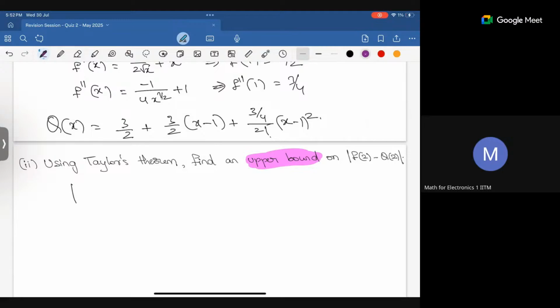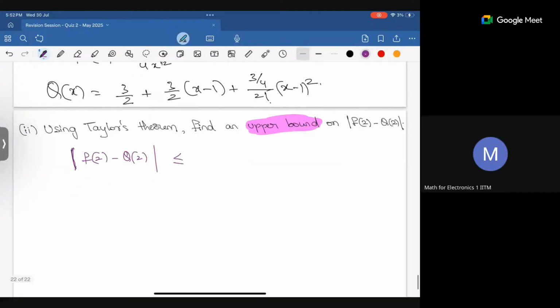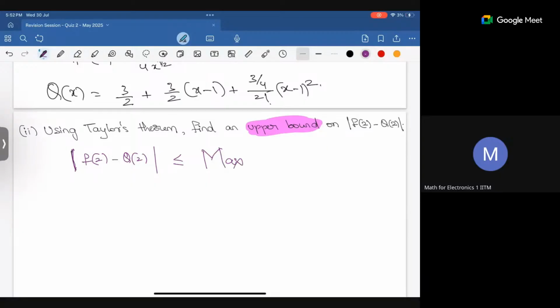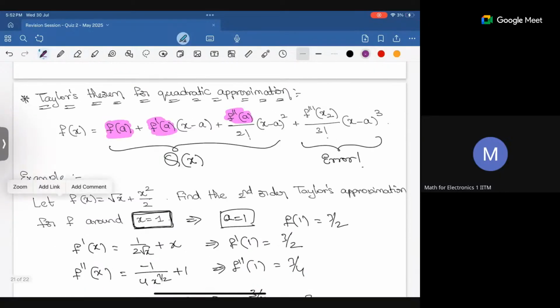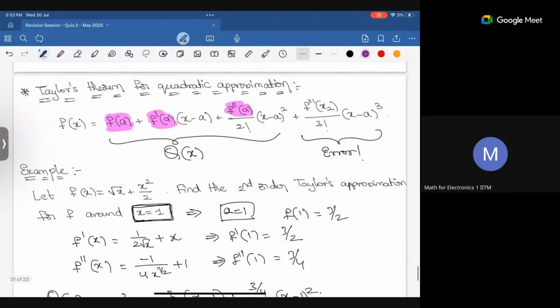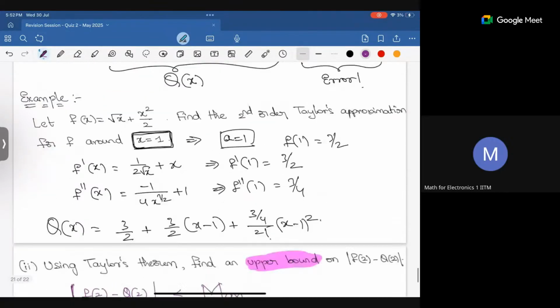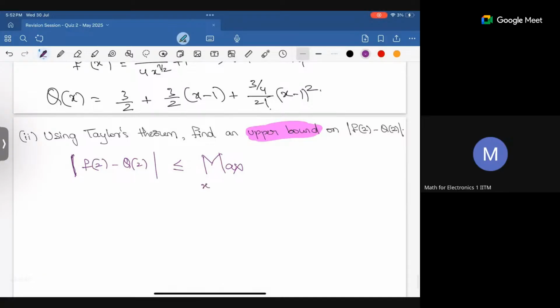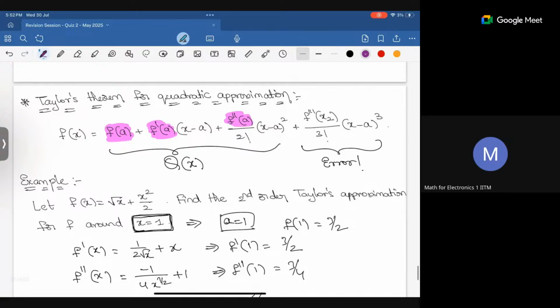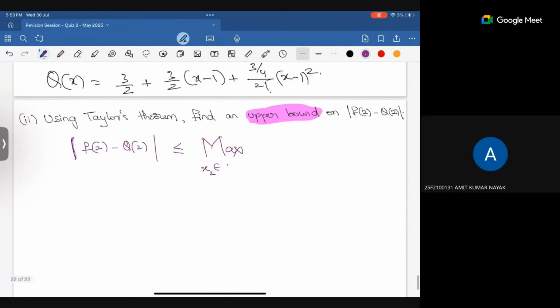So for bounding, all we have to do is compute the maximum possible error. f of 2 minus q of 2 is bounded by this expression, the maximum of x2, so this is the error term, where x2 is in the interval from 1 to 2.